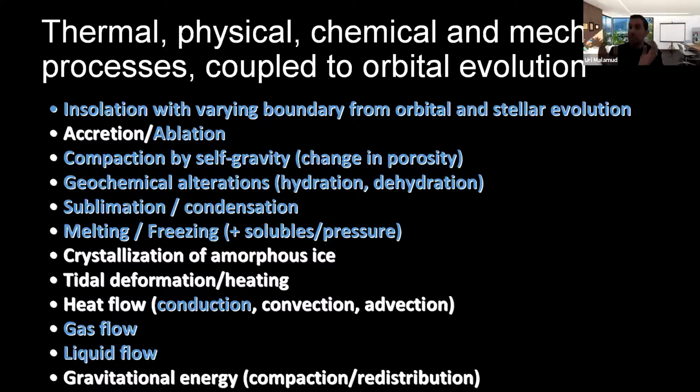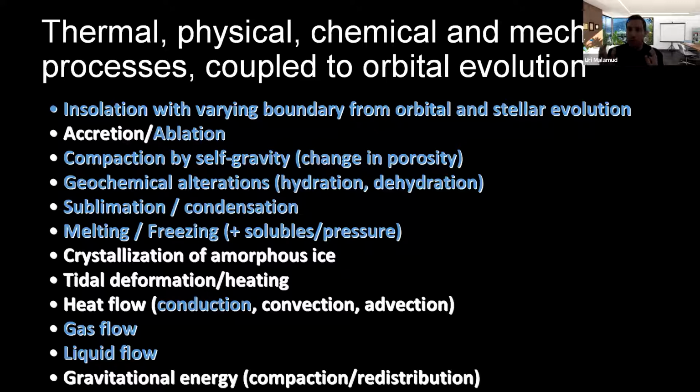We also have chemical evolution, because once you have liquid water and rock, if the rock is initially anhydrous, if it doesn't have hydrogen on the molecular level, then it can become hydrated. This is a very famous exothermic chemical reaction, which means that it releases energy. It's a very important energy source for the thermophysical evolution of minor planets.